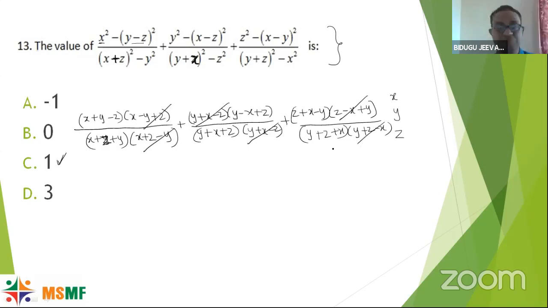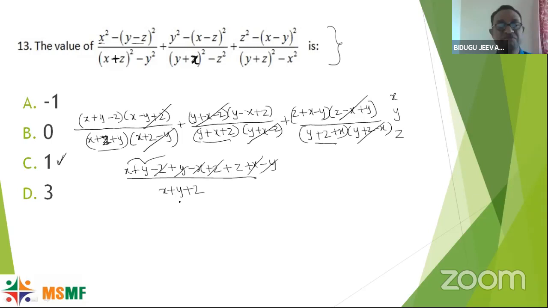Let me write the remaining. x plus y minus z plus y minus x plus z and z plus x minus y. Right? So everything gets cancelled. The remaining is x plus y plus z. Everything gets cancelled. Your answer is C.